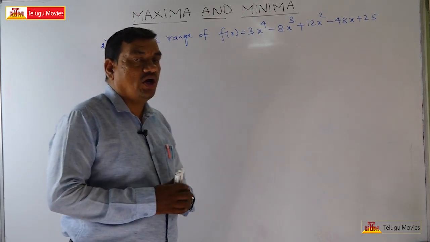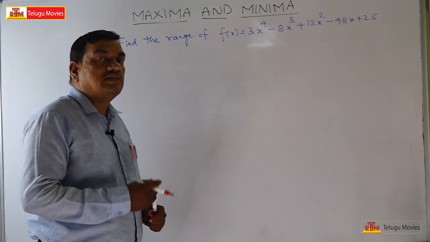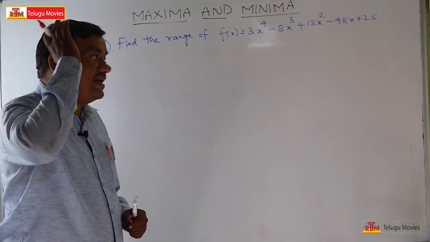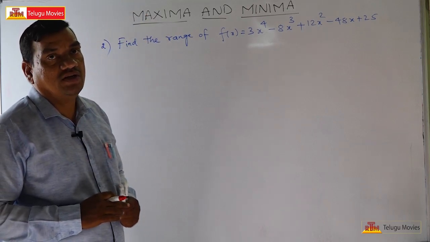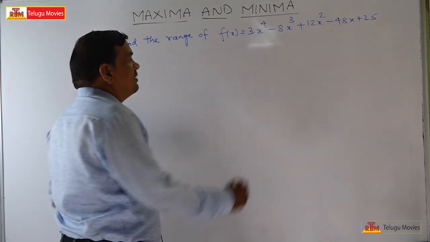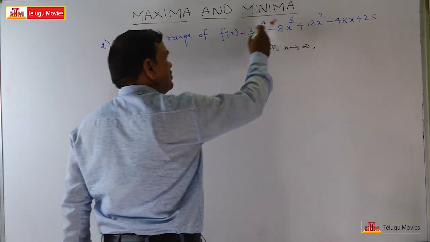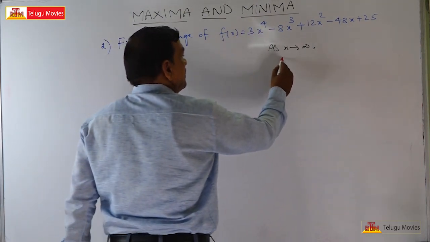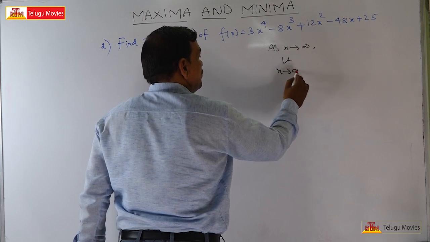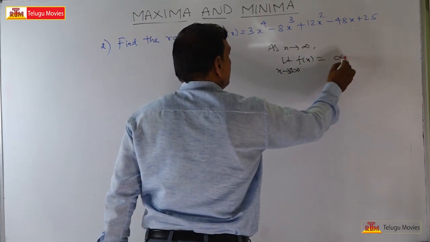The first thing you have to observe is, for this type of polynomial, the polynomials may be completely increasing or completely decreasing. That means in this polynomial, as x tends to infinity, that is, as x value goes on increasing, f of x tends to infinity.